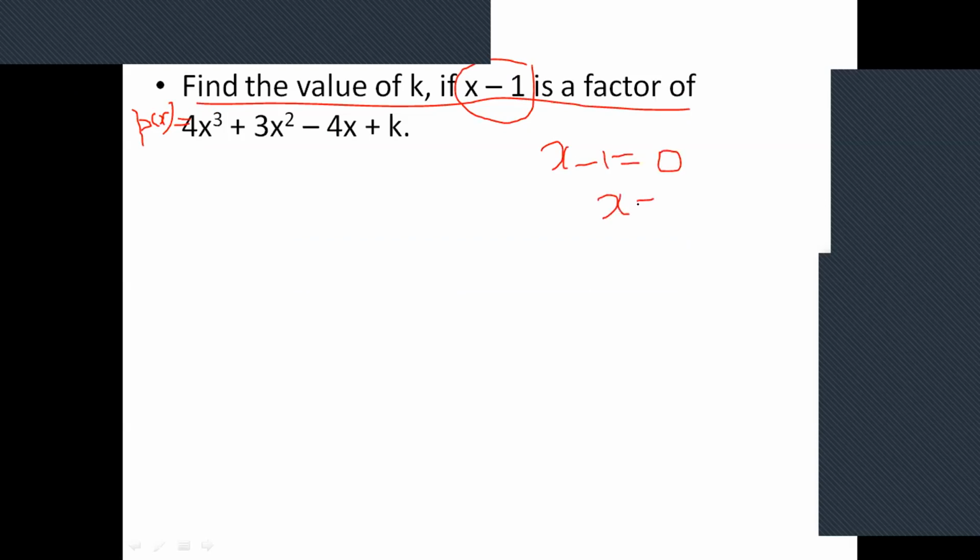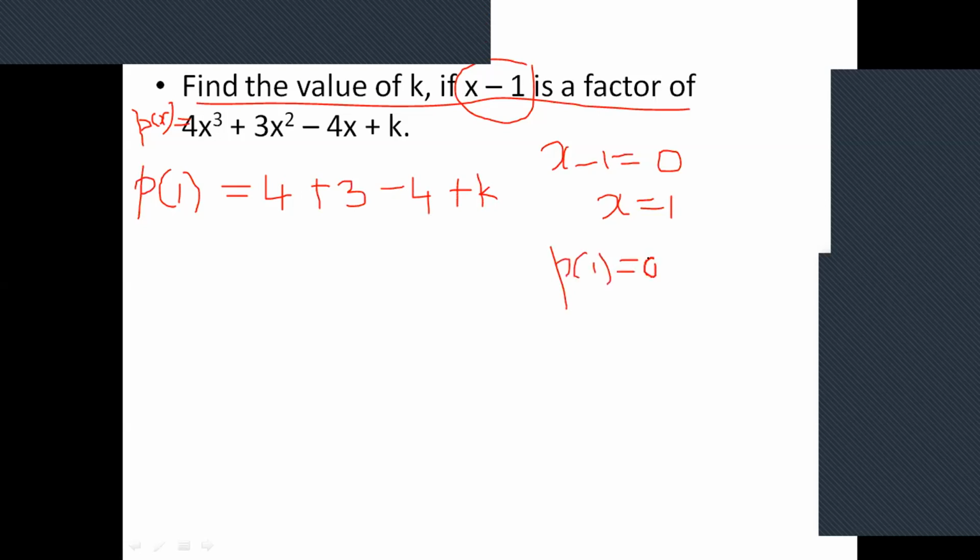Substitute p of 1 here because x is 1: 4 into 1 is 4, 3 into 1 is 3, 4 into 1 again is 4, and then you have k. And remember, since x minus 1 is a factor, p of 1 is always 0.